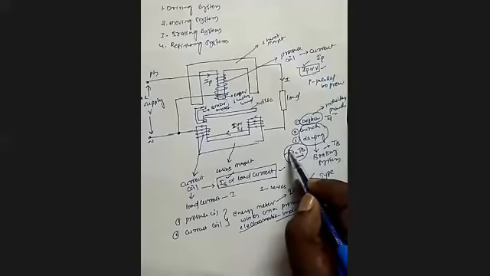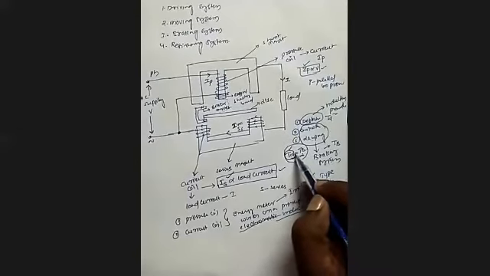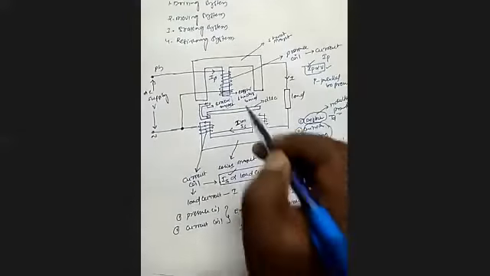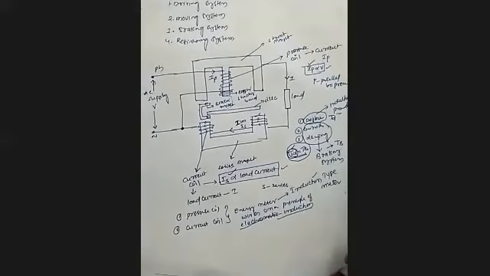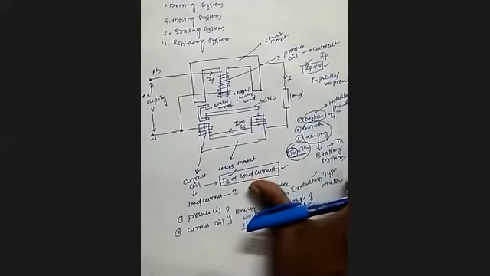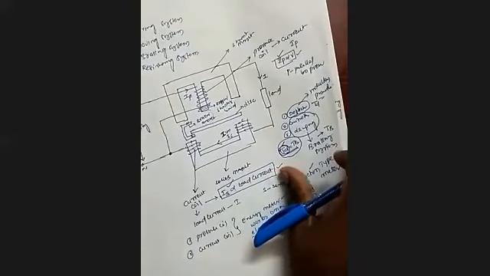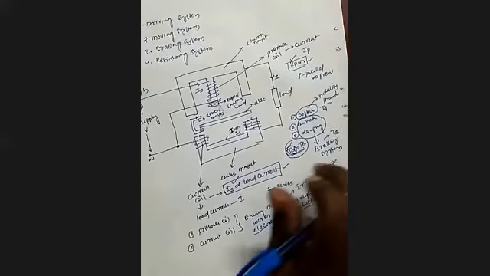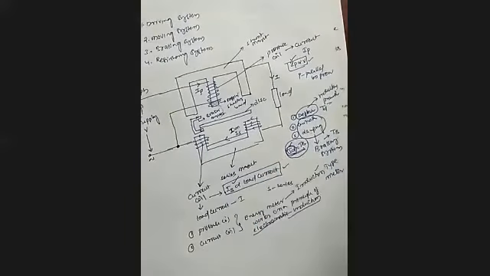Next, what is the other one? We need the deflecting torque. How is the deflecting torque developed in an induction type energy meter, and how is the induction principle implemented in the induction motor? What are the basics and the theory behind the induction principle?